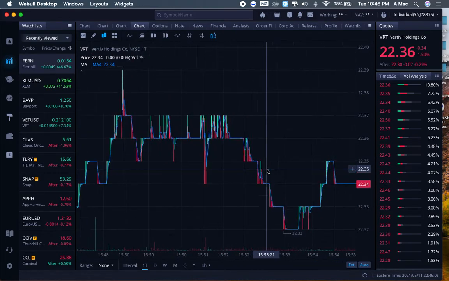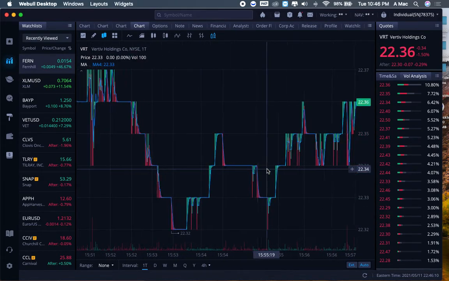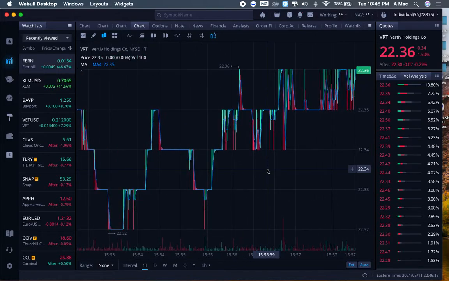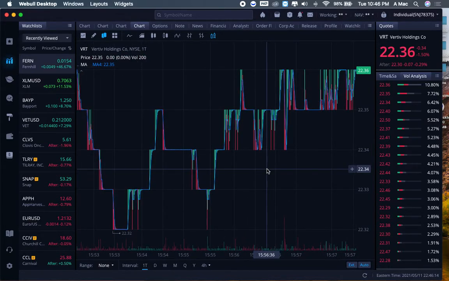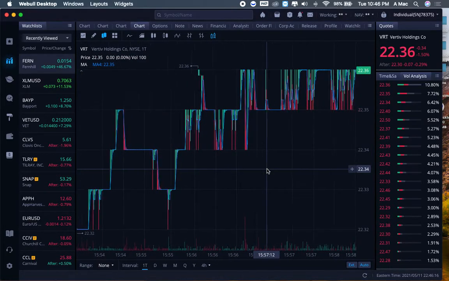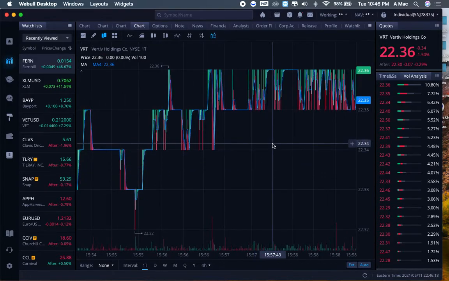So if you look at this chart that we're on, VTRX, you'll see that there are levels where prices are being supported. For instance, the support is where the red line stops.